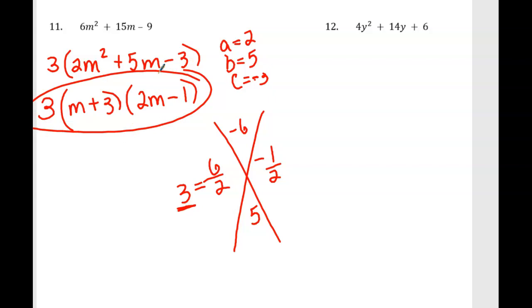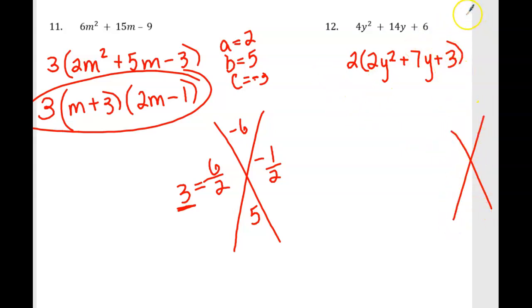With number 12, we're going to factor out a 2 as the greatest common factor. So we've got 2 times 2y squared plus 7y plus 3. I'm going to make my X. My a is 2, my b is 7, and my c is 3. So I've got a 6 up top and a 7 down at the bottom.